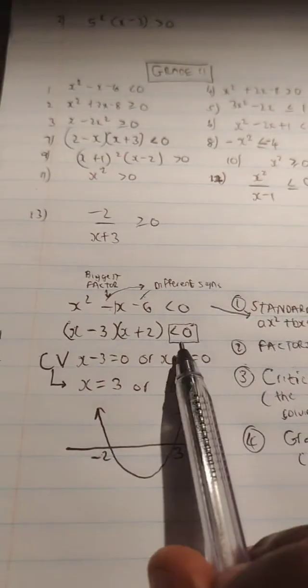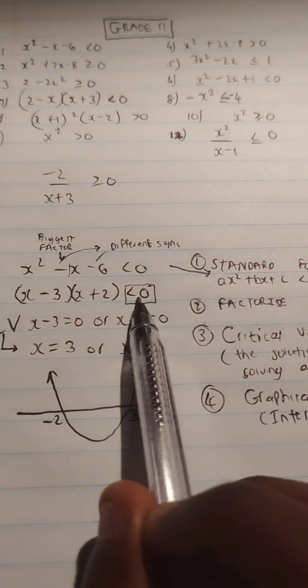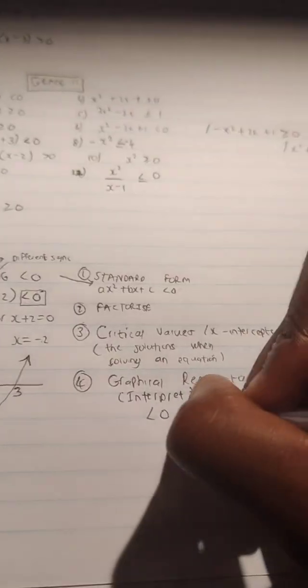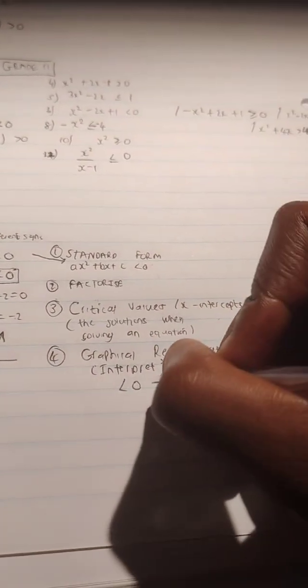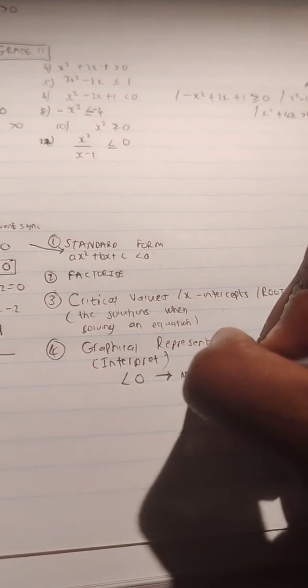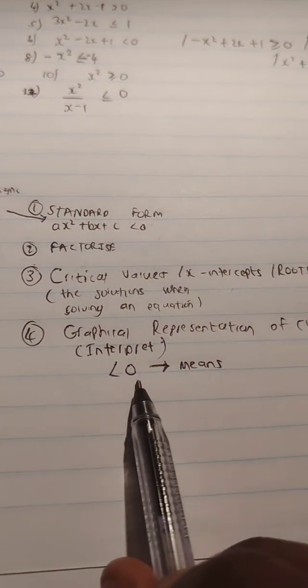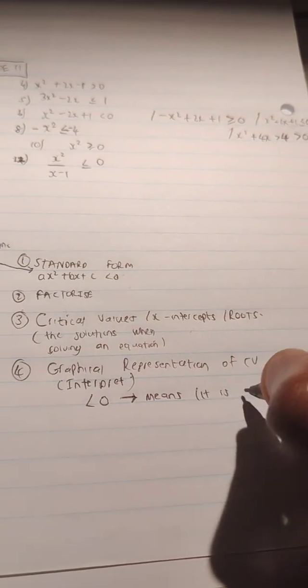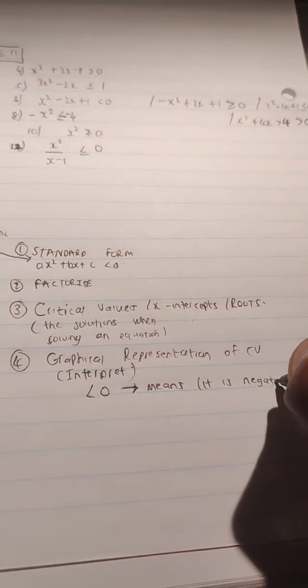When you say less than 0, the interpretation of less than 0 means when something is less than 0, it is negative.